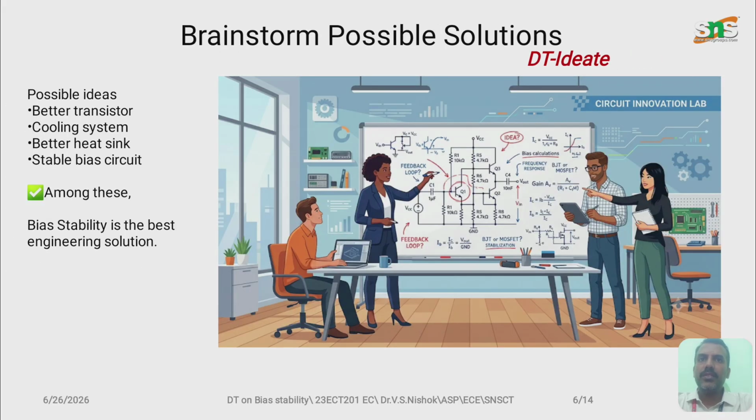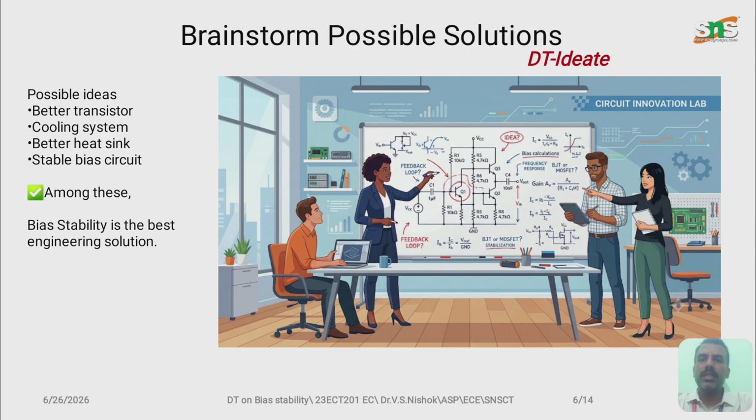For this identified problem, the main cause is operating point variation. Because of that, poor amplification happens. This results in distortion. For this problem, the engineers initially brainstorm possible solutions: either a better transistor, a cooling system, a better heat sink, or a stable bias circuit.